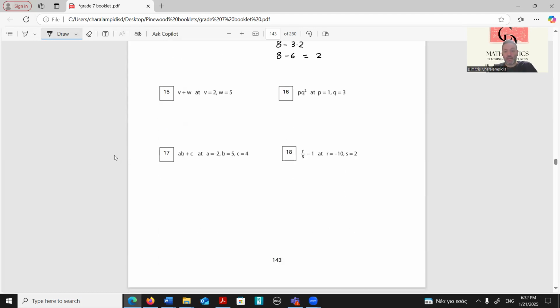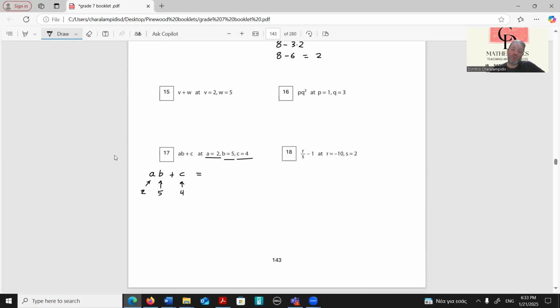Let's do 7 that contains 3 different variables, and we're done. ab plus c, but we are told that a should be equal to 2, so I should put 2 instead of a. We are also told that b equals 5, so I should put 5 instead of b, and c equals 4, which means that I should put 4 instead of c.